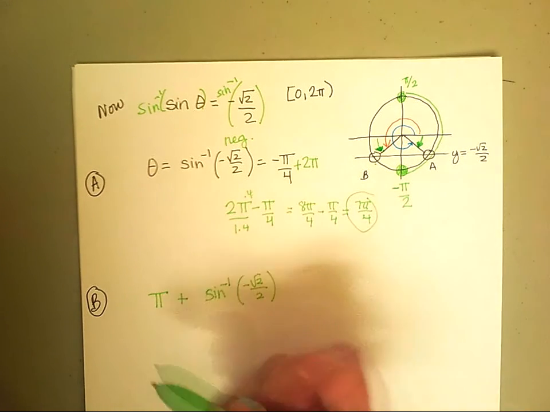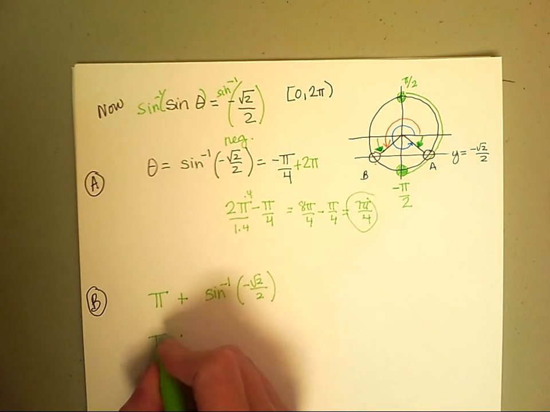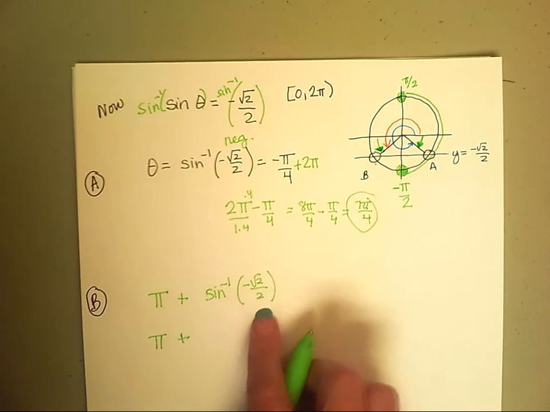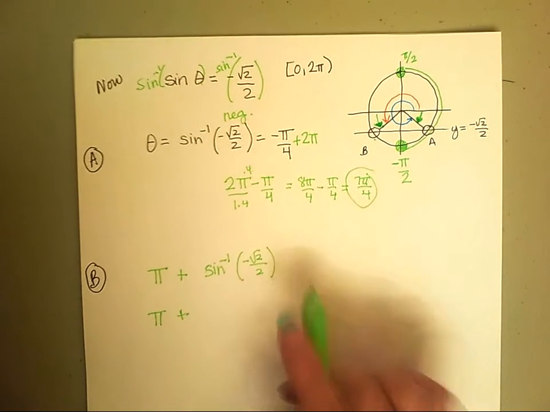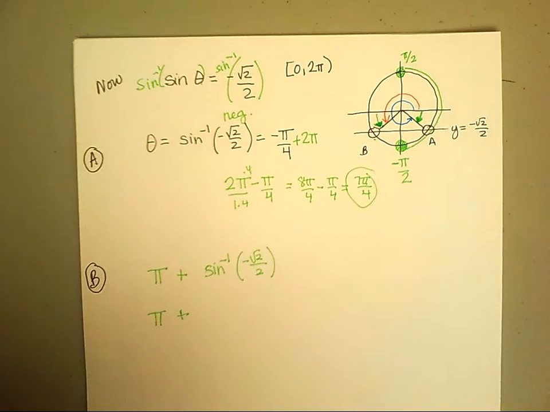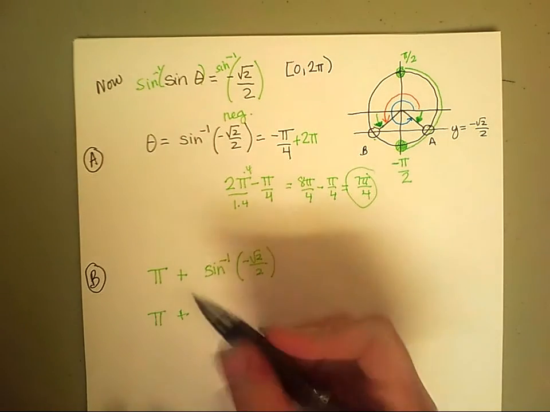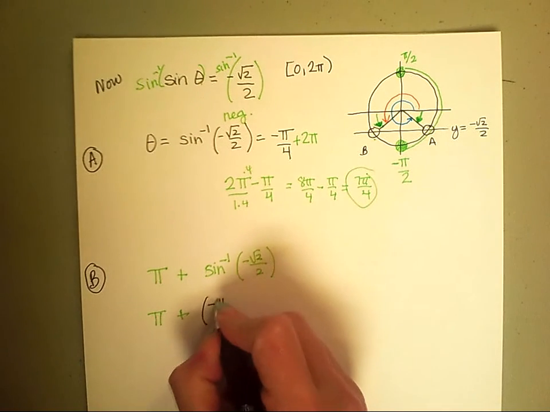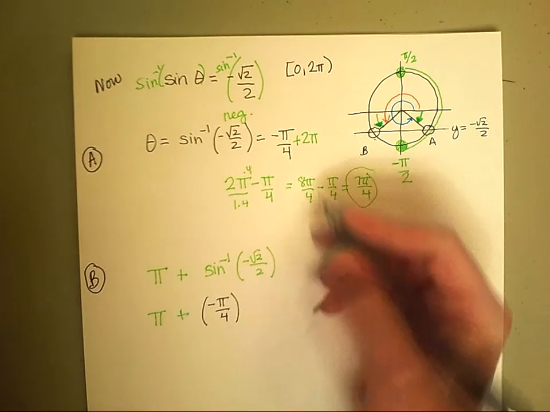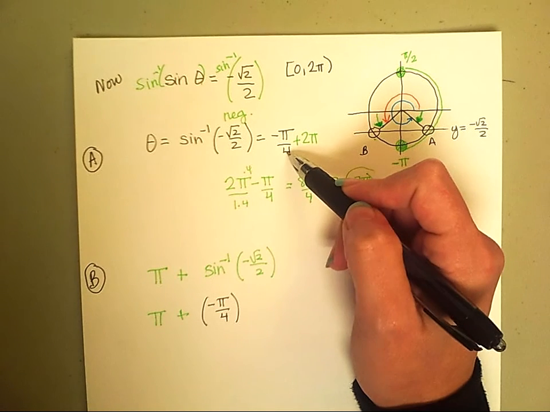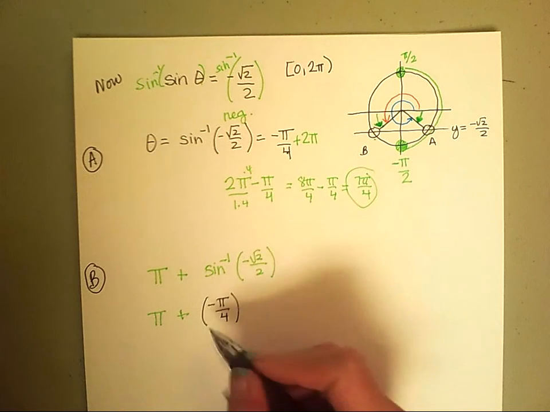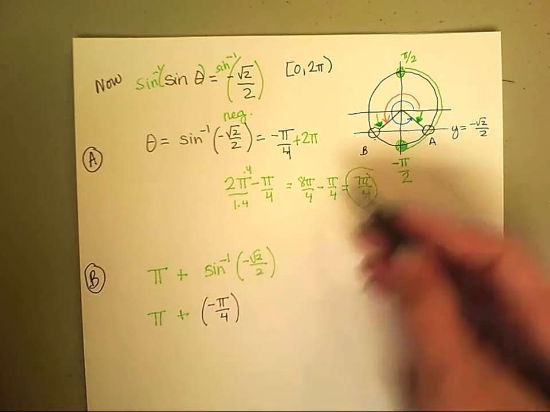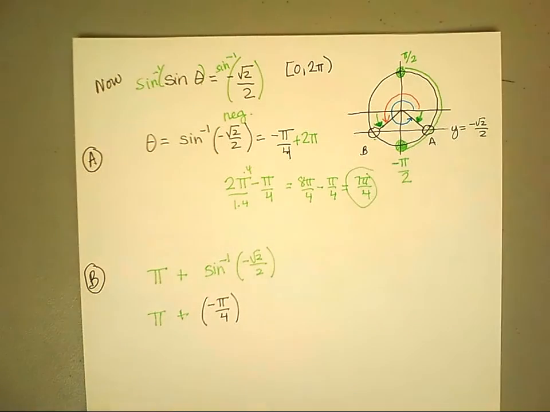Now we have to be careful, though, because what is the inverse sine of negative root 2 over 2? Well, we just said here it's negative pi over 4 from above. So what I've actually said here is that when I add a negative, I'm really subtracting, so it would be pi minus.